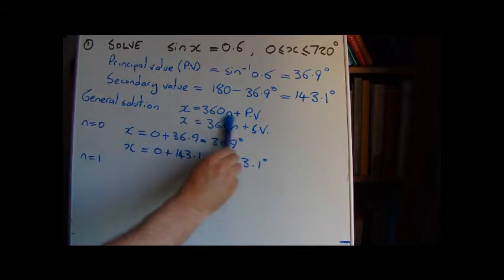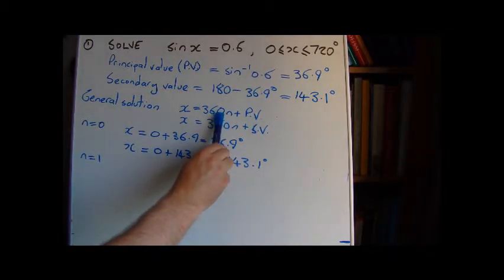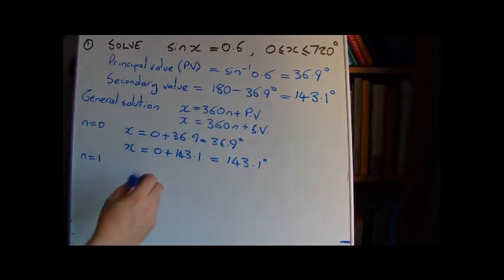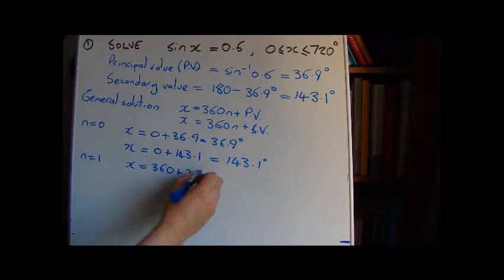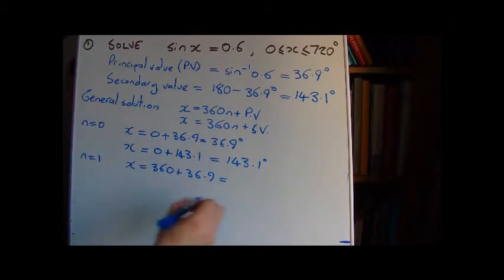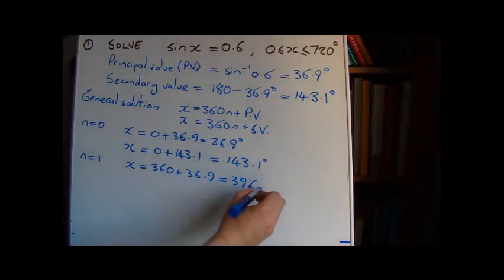So n equals 1 in here will give me 360 plus 36.9, and that's equal to 396.9.